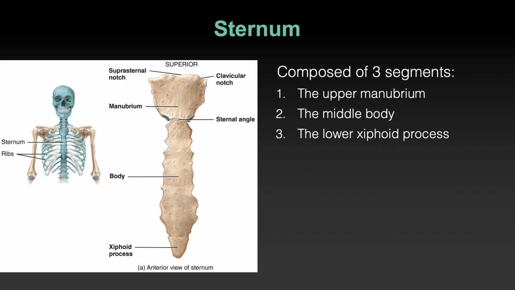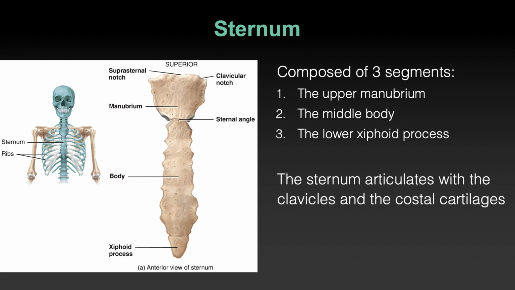There are 3 main parts that you should know about the sternum. The upper portion is the manubrium, a thickened, rounder portion. The body is unassuming, and then there's a pointed region inferiorly called the xiphoid process.